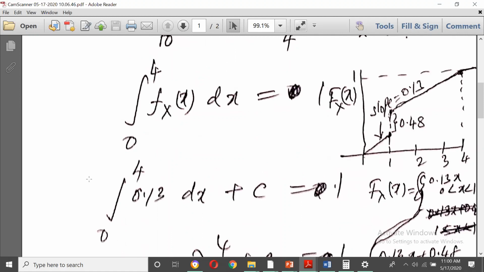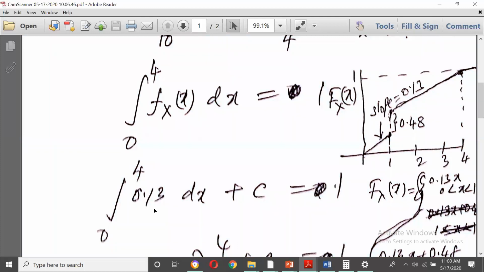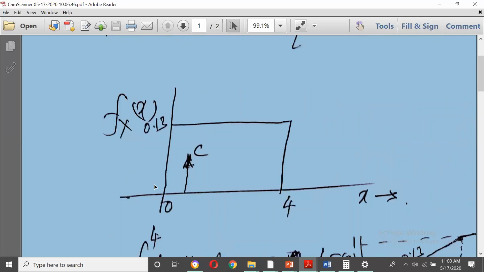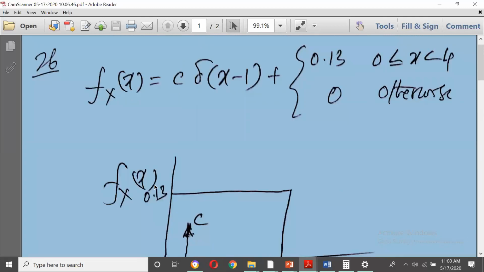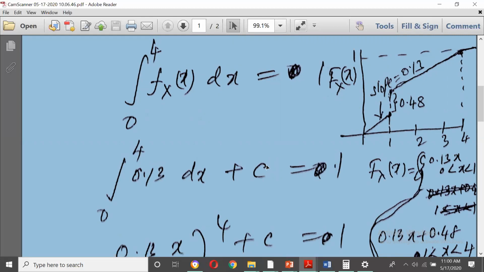That is one issue. And the second issue is the del itself. That is this value, C of del x minus 1, right? So that value will just give us the value C. You can write C over here straight away, C into 1.